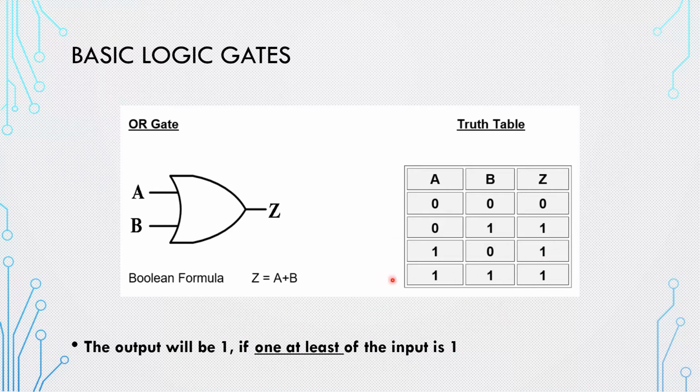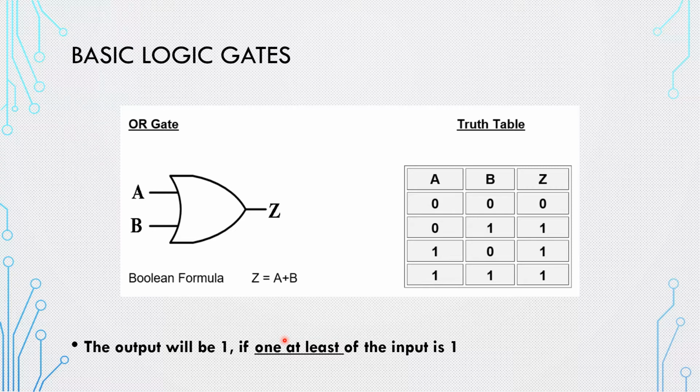What do we mean by saying it is not applicable to apply algebraic operations? In algebra, you know that 1 plus 0 is 1, 0 plus 1 is 1, and 0 plus 0 is 0. This is okay, but what happens in the last situation? 1 plus 1, if you do it algebraically, the result will be 2. But since we don't have numbers in a logic circuit, I have only 0s and 1s. That's why we don't do algebraic operations.